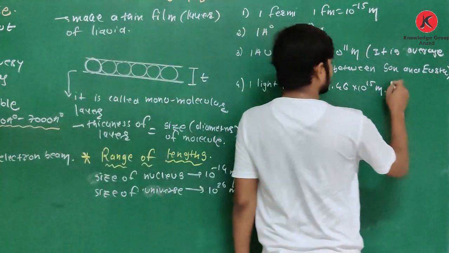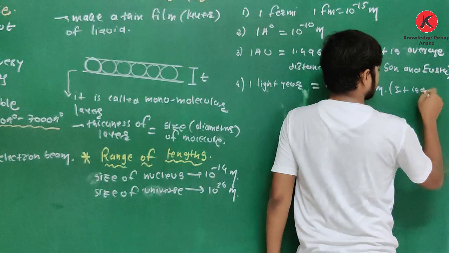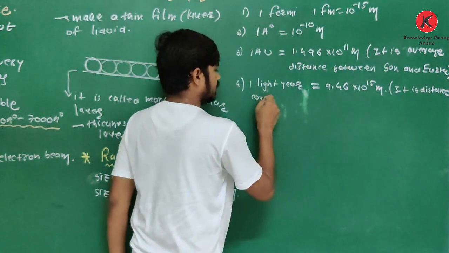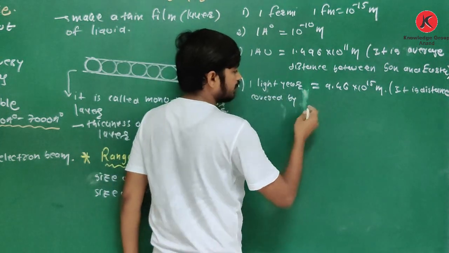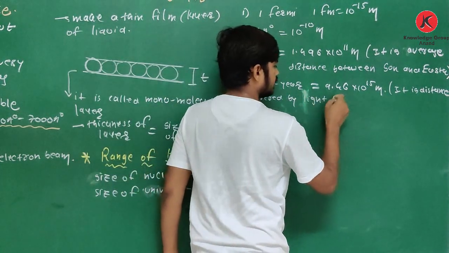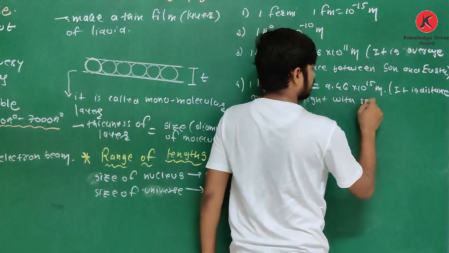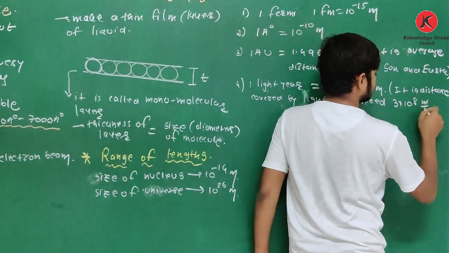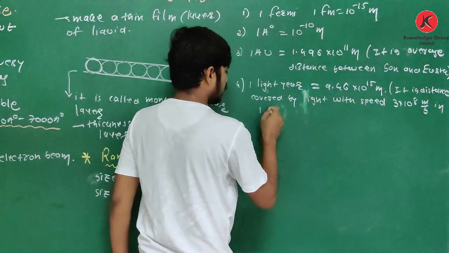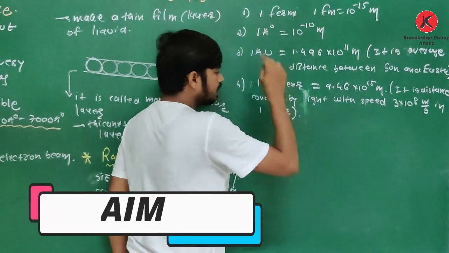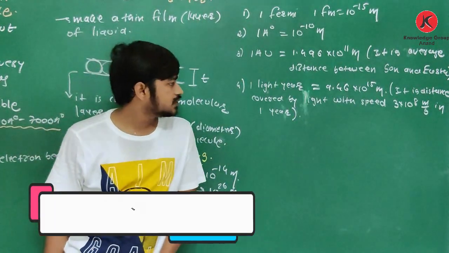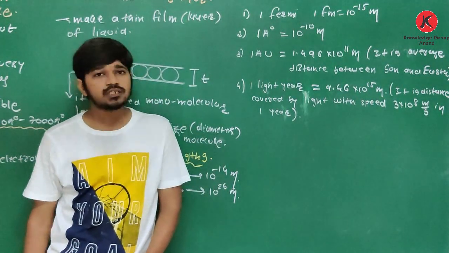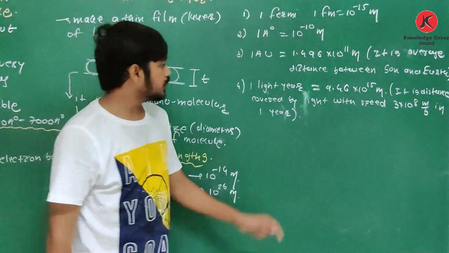It is the distance covered or traveled by light with speed 3 into 10 raised to 8 meter per second in 1 year. Clear about this?